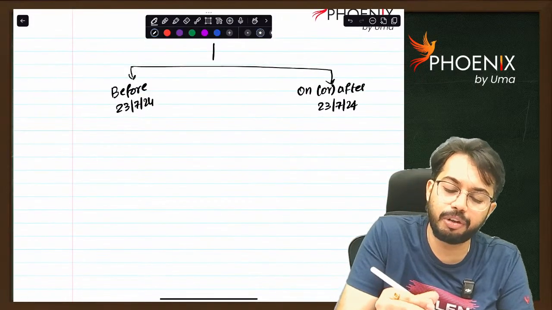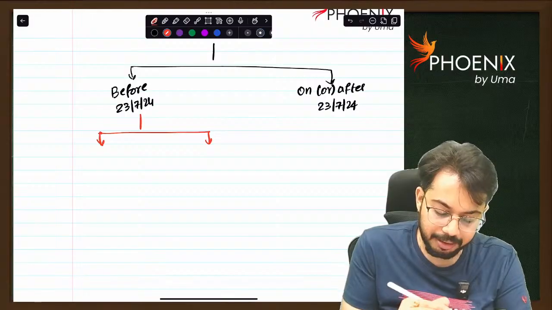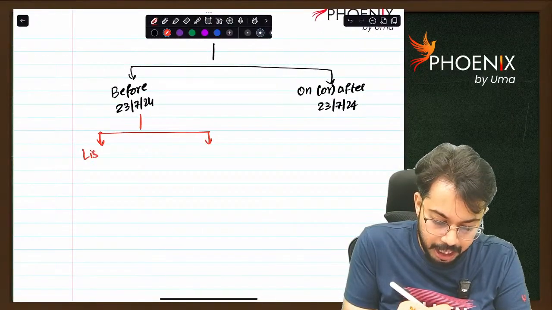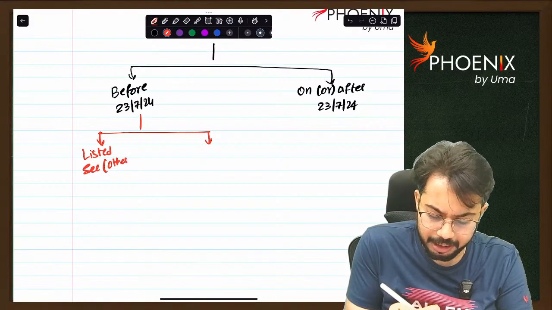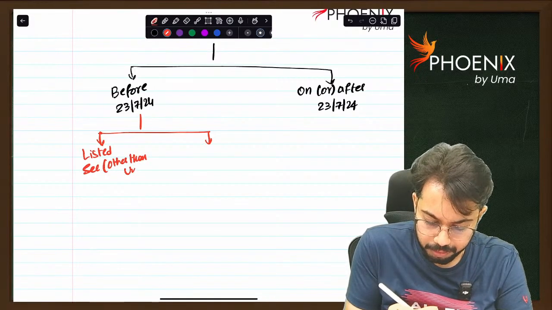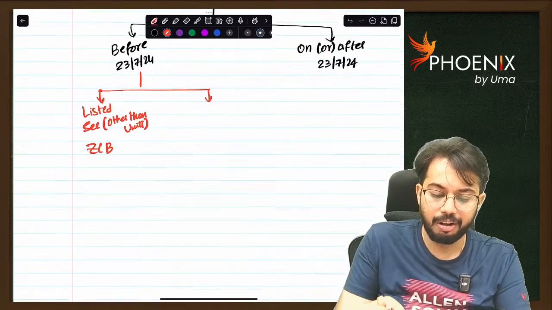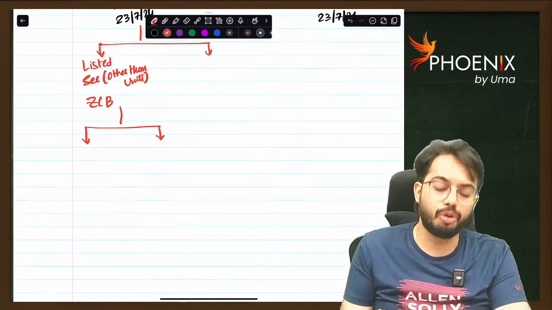Okay, so before 23rd July 2024, if the capital asset is listed securities other than units or zero coupon bonds, two options are available. What are the two options?